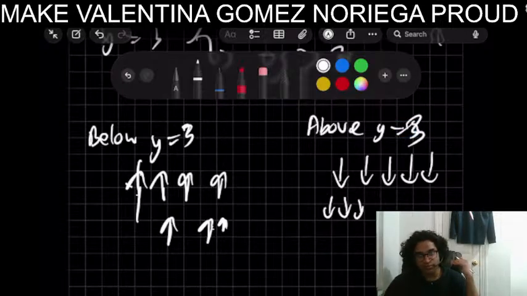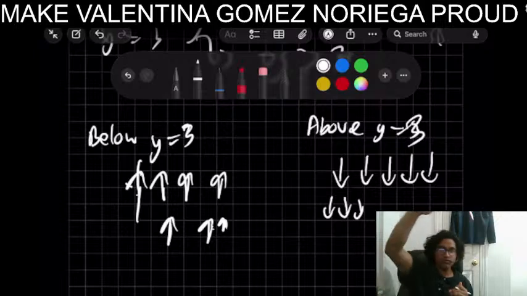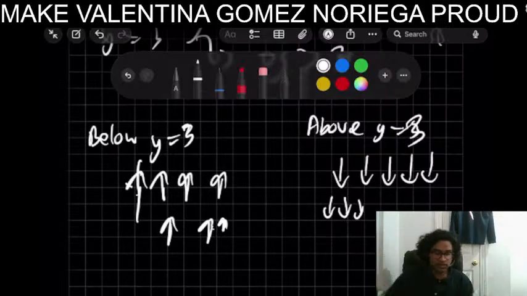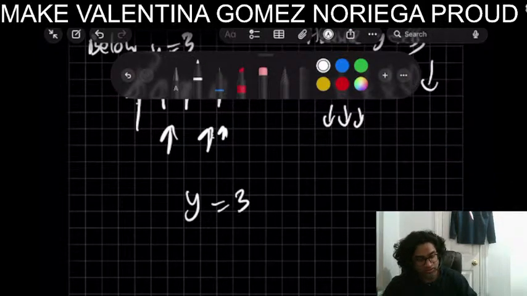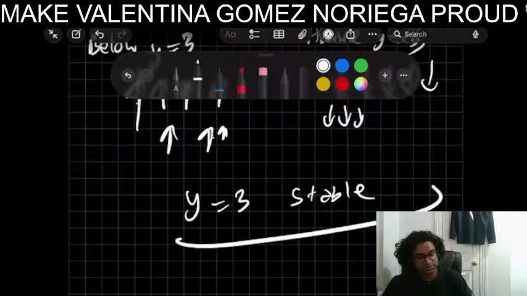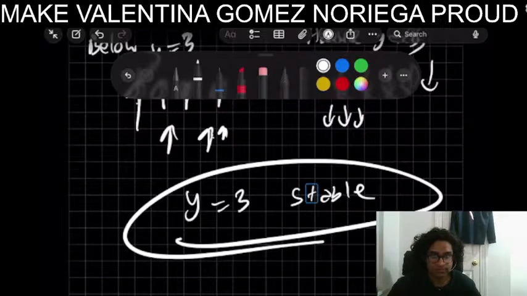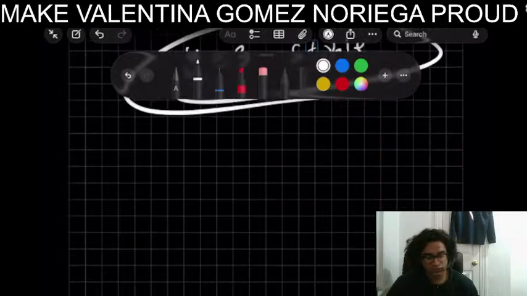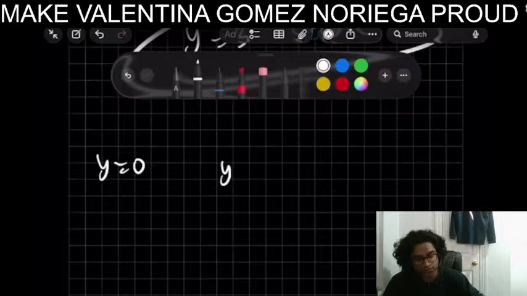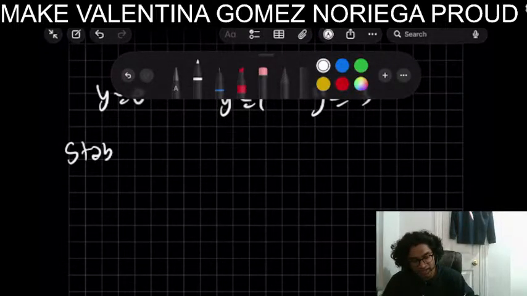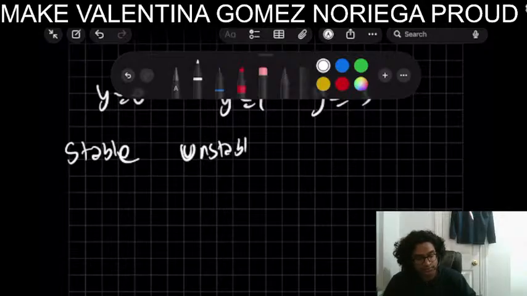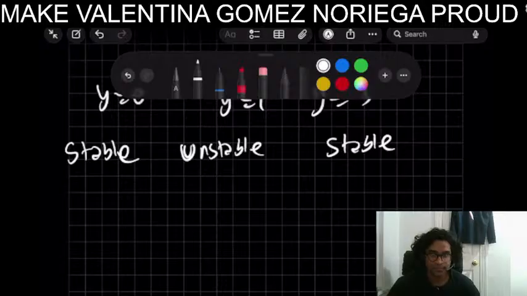And because the below one is going above and the above one is going below, they're going to connect. So which means y is equal to 3 is stable. Right? So we have y equals 0, y equals 1, y equals 3 being stable, unstable, and stable. Cool?